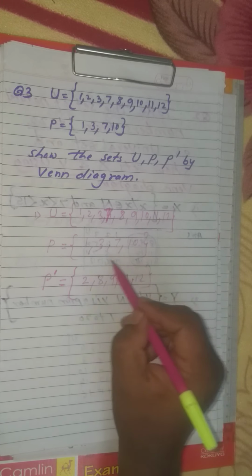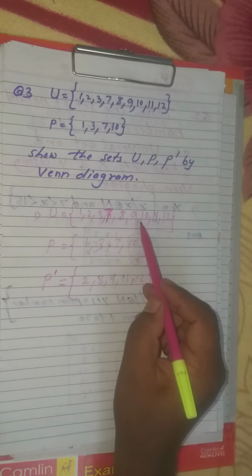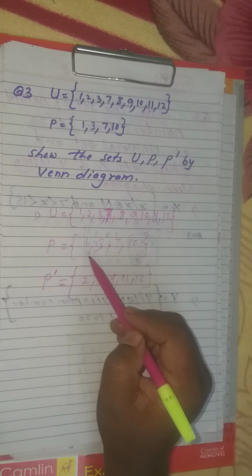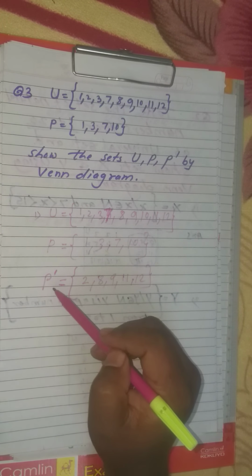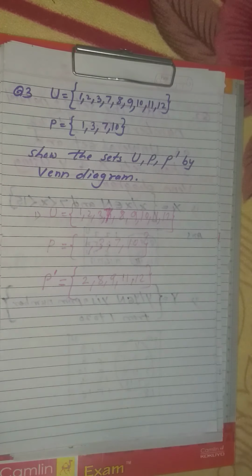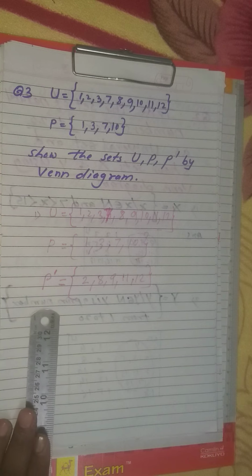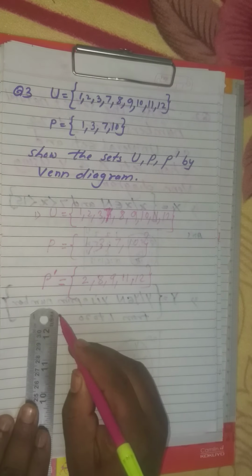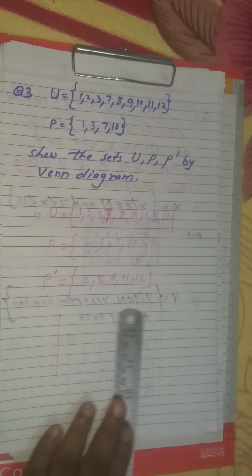These elements are remaining from the universal set. So P represents only 1, 3, 7, 10, and P dash represents all the remaining elements. That is called the complement set of set P. So we can show this by a Venn diagram.